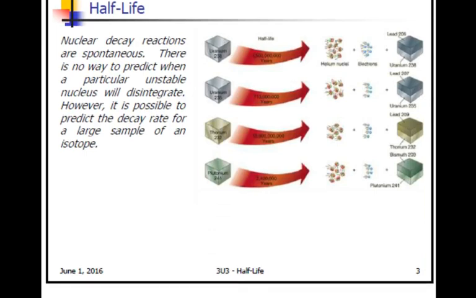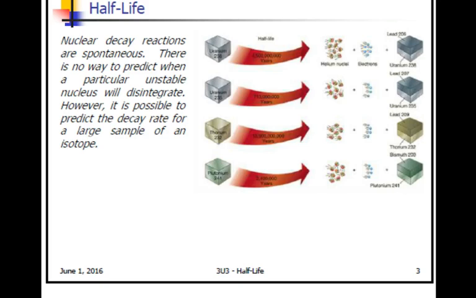So half-life nuclear decay reactions are spontaneous, as I was mentioning, and there's no way to predict when a particular unstable nucleus will disintegrate. But it's possible to predict the decay rate for a large sample of an isotope.